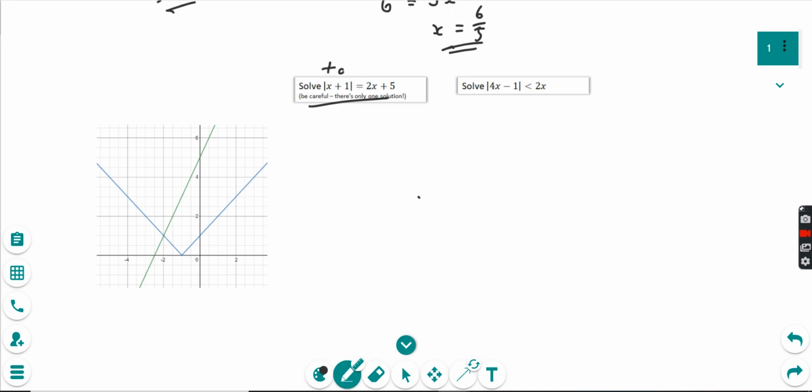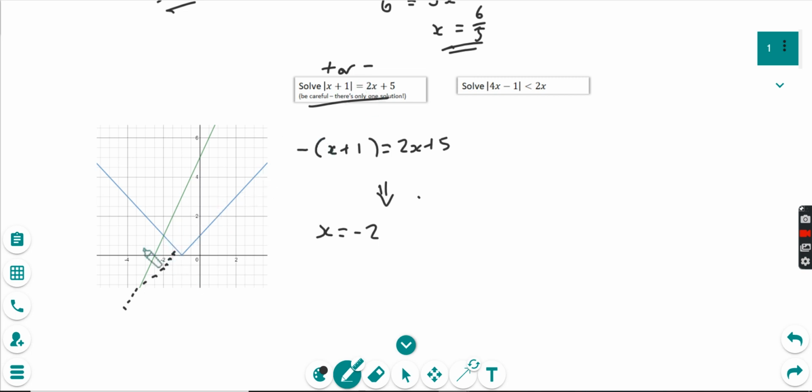Is it the positive case? Or is it the case that the modulus has been reflected? Well, I know that x plus 1 normally looks like this, so it must have been reflected. So I'm going to solve with the negative case. Okay, and when I do this, I will end up with an answer of x equals minus 2, which matches what I've got here on the diagram.